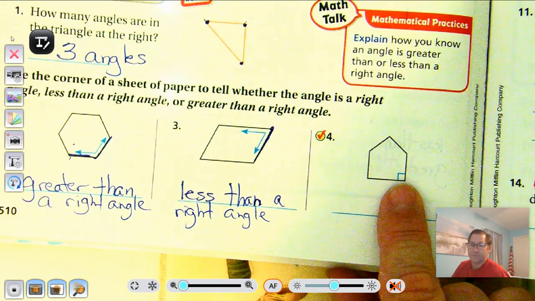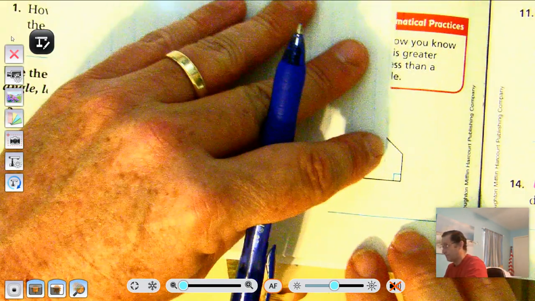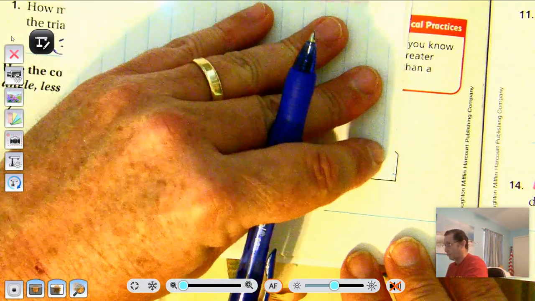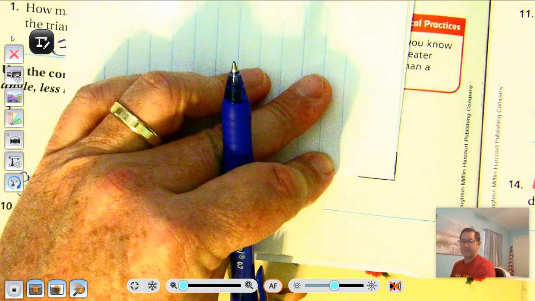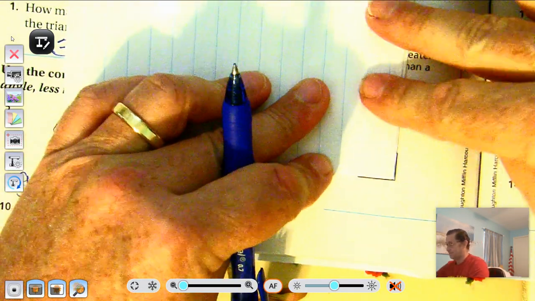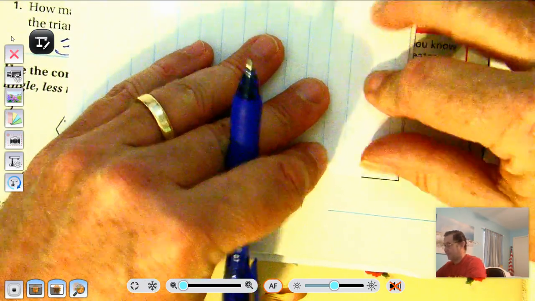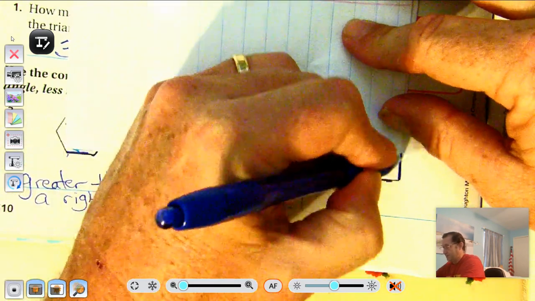This blue symbol again means it's a right angle or makes a square corner. So take the edge of your paper, put it on one of the line segments, put the point of the paper at the vertex. Okay, so I was lining up with this, and then I also see the other edge right there.